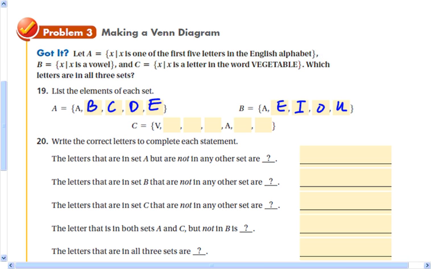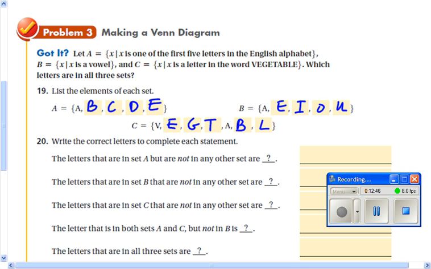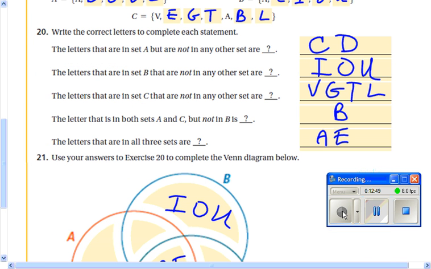Which letters are in all three sets? So we need all those letters to make vegetable. The letters that are in set A but not in any other set are... running out of time, so I'm going to have to pause it.